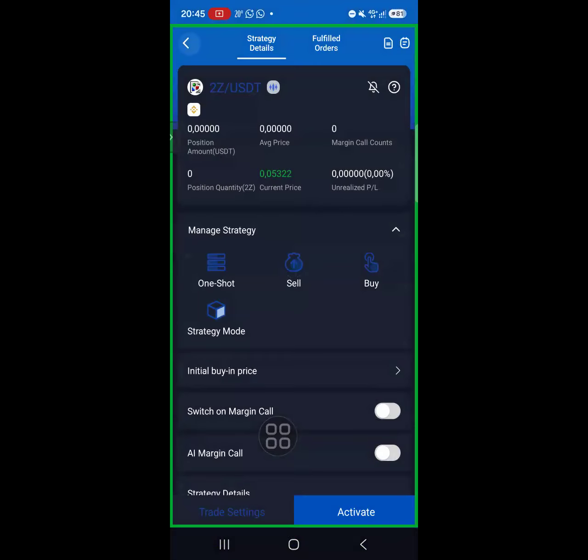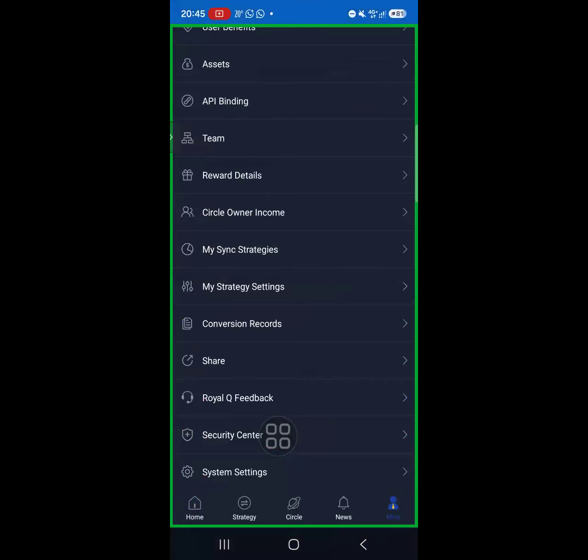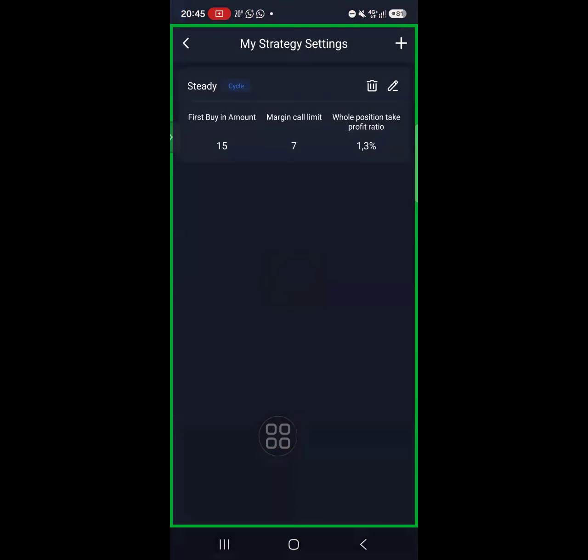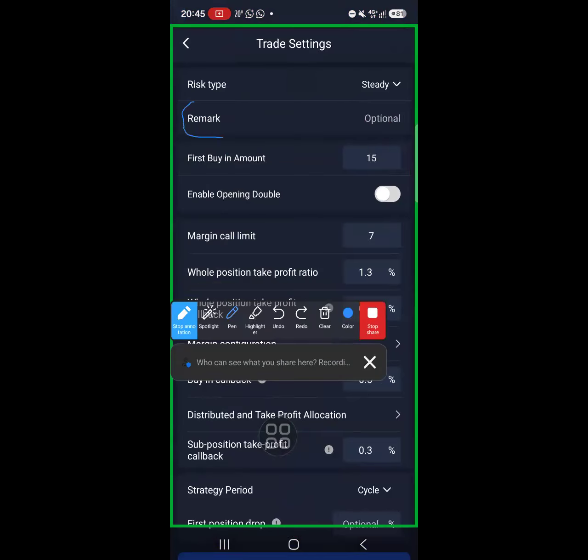Right. So let's go back to our mine section, and then we go back to edit. We are not done yet. We were looking at the risk type. Now here there is what we call remark.